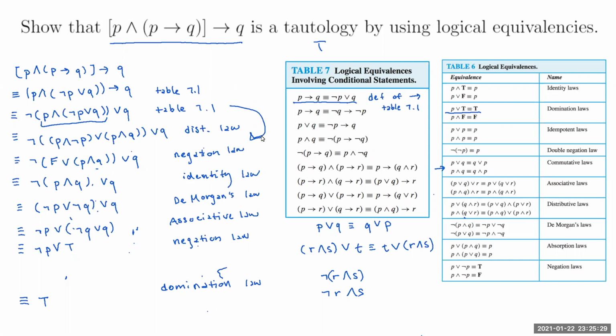The exception to this is that, for example, if you have associative and commutative, you can do those together. If I have P or Q or R, and I wanted to group P and R together, I could do (P or R) or Q like that, and that would be using associative and commutative together.